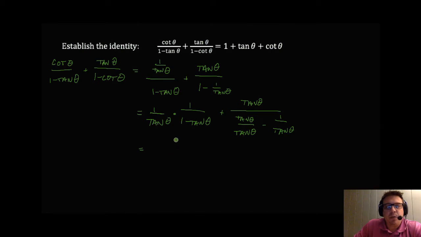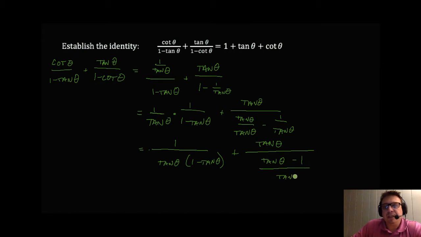I've got 1 divided by tangent theta times 1 minus tangent theta, plus my numerator just stays as tangent theta divided by, and then I've got to bring this stuff together, so I get tangent theta minus 1 all divided by tangent theta.